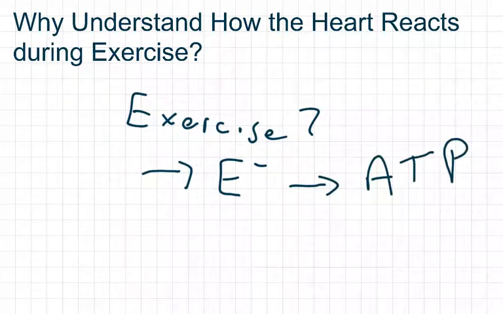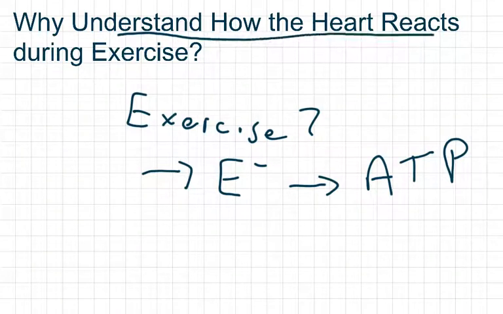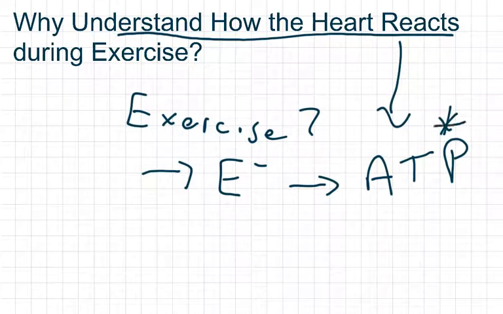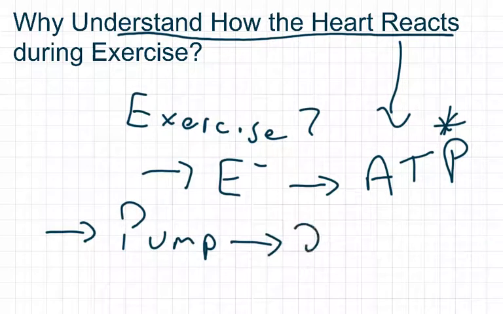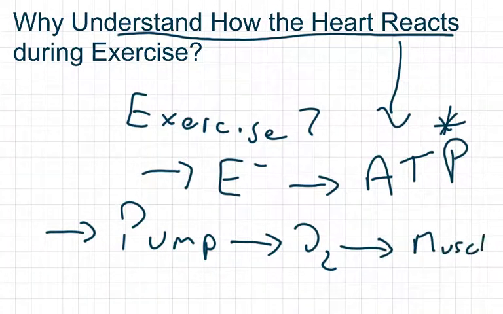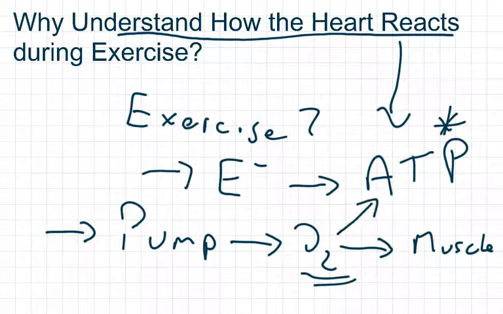ATP, right? Understanding how the heart reacts to exercise all comes down to ATP synthesis, because the blood is the pump that provides oxygen to the working muscle. And this component is necessary to produce ATP. This is why it's important to understand how the heart reacts during exercise.